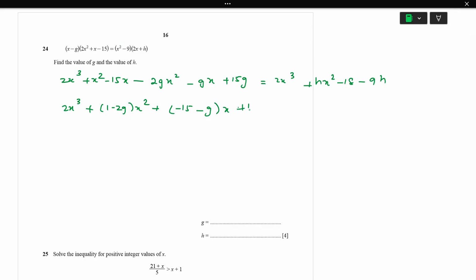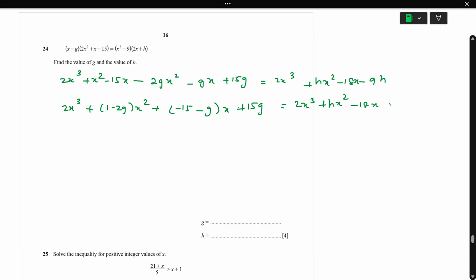On the right side there is only one x cube and hx square, and for the x term, minus 9 times 2 is 18, so minus 18x, then minus 9h.